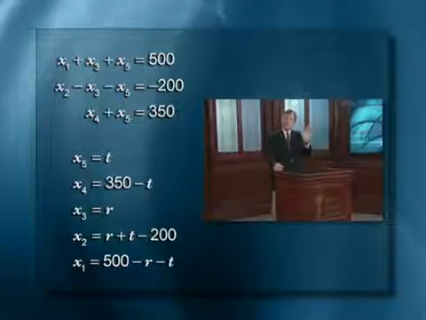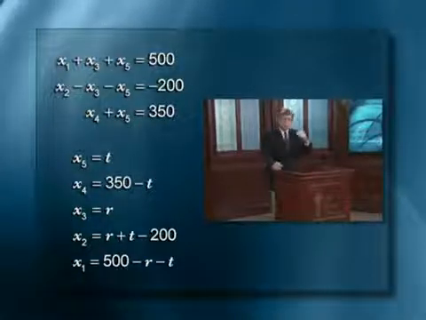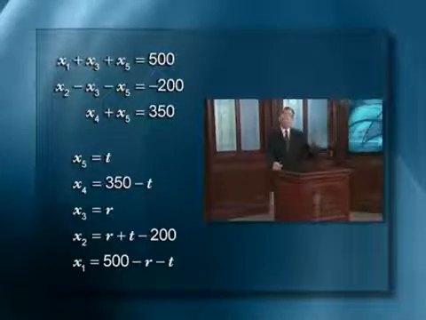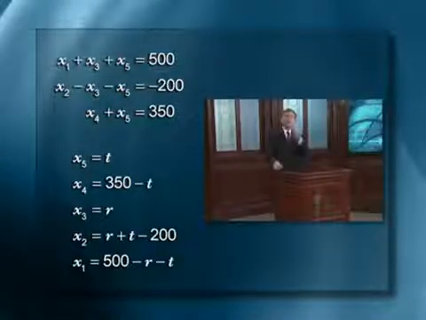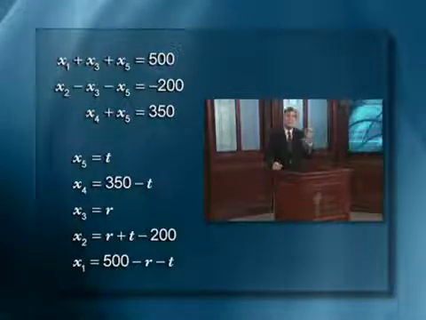Identify free variables that can be any real number, and then the other variables are forced upon you once you select those values for the free variables. And in this case, we have 2 free variables, don't we? t and r. So if you were to analyze this traffic pattern, you could give a value for t and a value for r, and that would determine all the other values, wouldn't it?